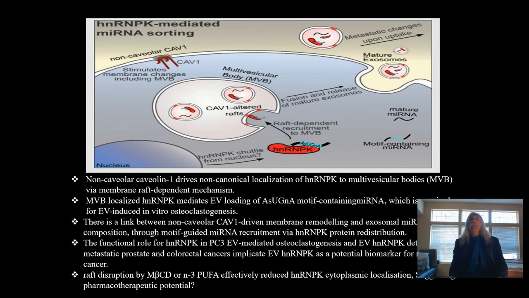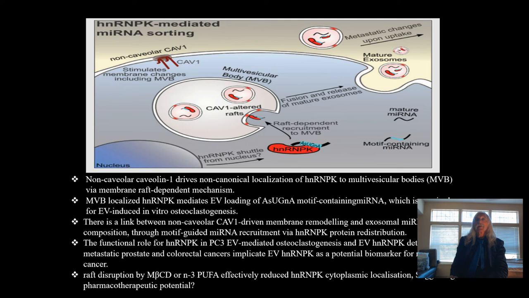Now that raft now can pick up this specific HNRNPK that has this unusual nucleotide pattern. Okay? That's the ASUGNA motif containing microRNA. So it's going to pick up that microRNA because that's what the HNRNPK recognizes. So it's a protein binding to that motif, that nucleotide motif. You see?